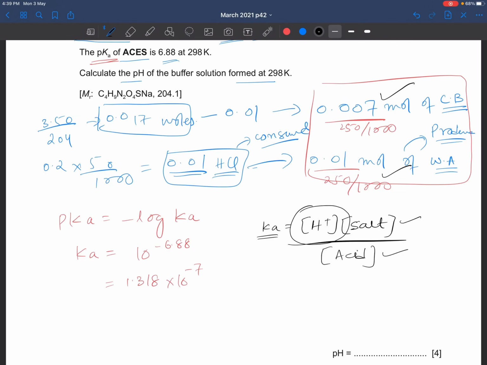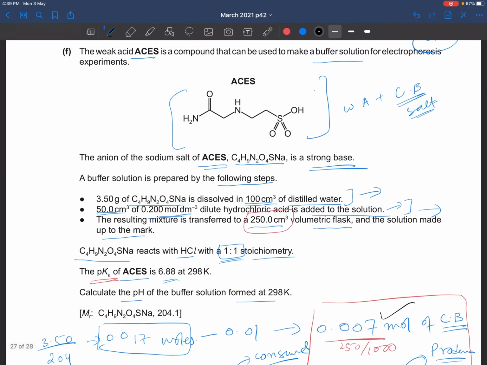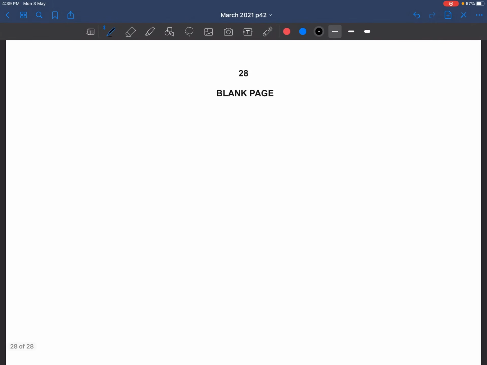You can calculate the concentration of hydrogen ion. And once you get it, the pH can be easily calculated using pH equals negative log concentration of H+ ion, and your pH would be 6.73, right? So this would be your answer. So this is the last question from this paper.